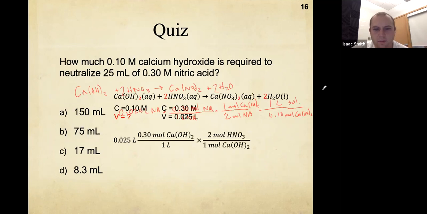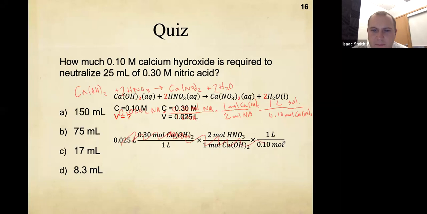So here's the PowerPoint doing it basically. Let's see. Oh, I think the PowerPoint's off a little bit. It says 0.3 moles of calcium hydroxide. I think this should be nitric acid. Okay, yeah, don't pay attention to this.